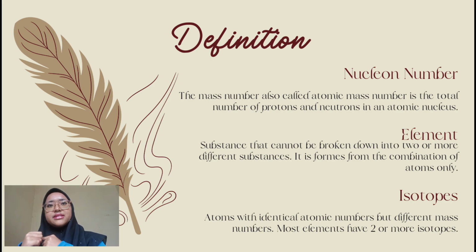Element, a substance that cannot be broken down into two or more different substances. It is formed from the combination of atoms only. Isotopes, atoms with identical atomic numbers but different mass numbers. Most elements have two or more isotopes.